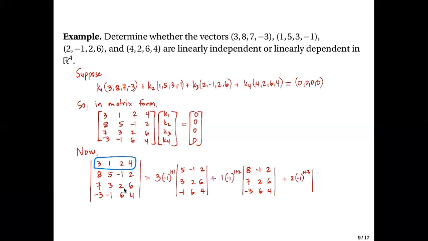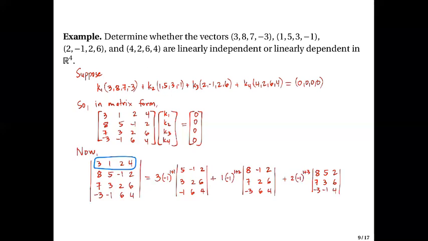Plus, for the third entry, you have 2 times negative 1 raised to 1 plus 3, determinant. So we delete this column and this row. You have 8, 5, 2; 7, 3, 6; and negative 3, negative 1, 4.